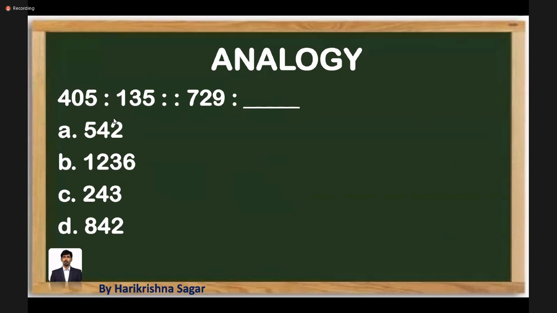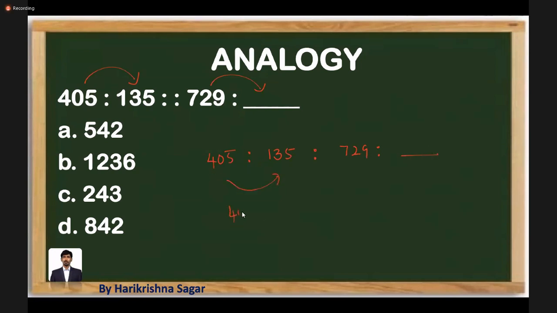Look at the next question. 405 is 135. 729 will be what? So you can just understand the question here. 405 is going to be 135. One simple point which you have to understand here is 405 and 135 are not any perfect squares and perfect cubes.